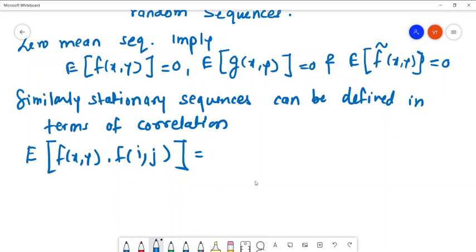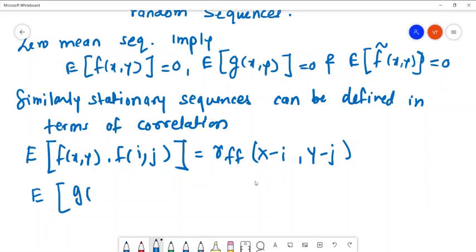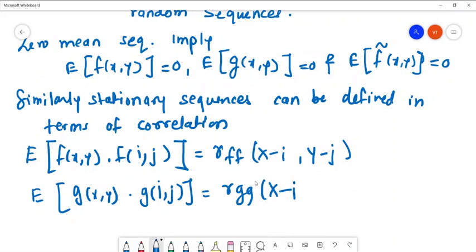When the correlation is applied between two same signals, it is known as autocorrelation, right? So this is represented by Rff of x minus i, y minus j, and this is for the degraded function, g of xy, g of i comma j is equal to Rgg of x minus i, y minus j.